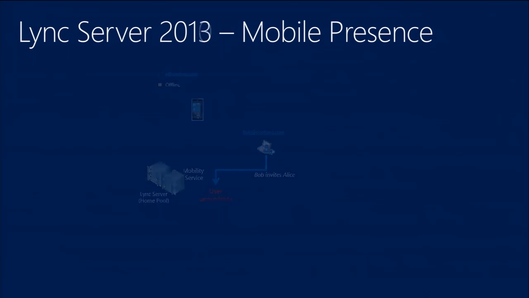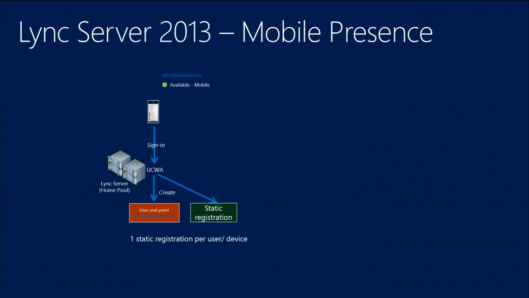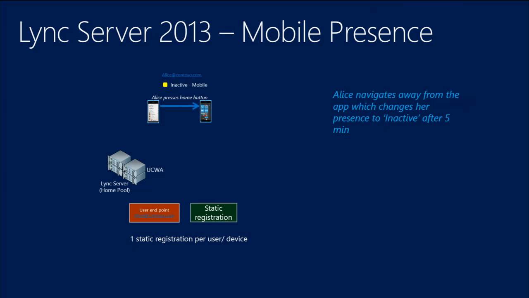So now we look at what we do differently in 2013. We're looking at the same process. Alice signs in. So now it's UCWA that she signs into. So the endpoint's created, but we also create this static registration. The static registration here is the key point. So again, Alice navigates away from her app, and we're going to mark her presence to away after 5 minutes.